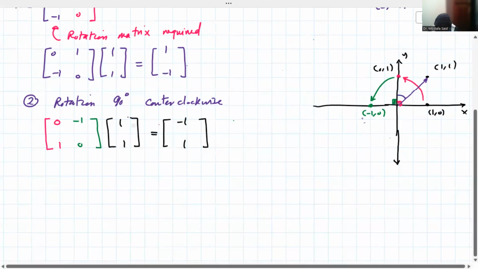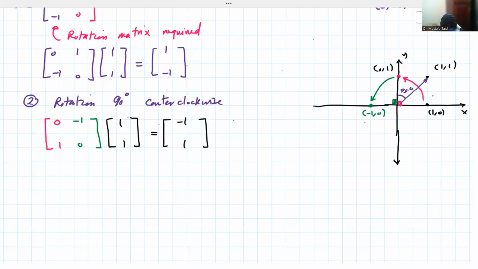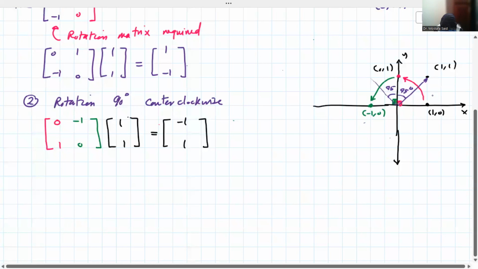Remember, this is 45 degrees, right? So it's going to end up here, another 45 degrees. So that's the new location. What is that point? That point is -1 in x and 1 in y. We verified it.